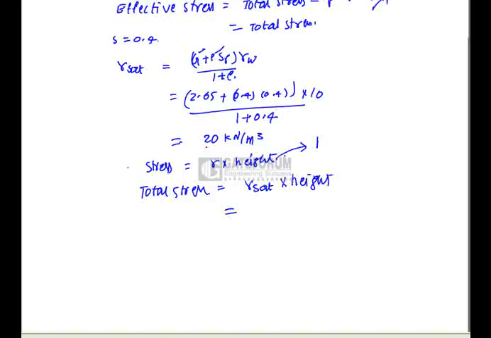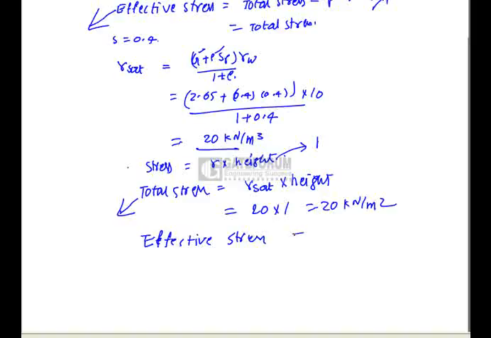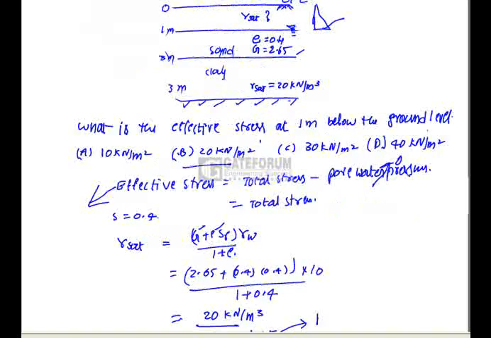Gamma saturated is 20 into 1, that is equal to 20 kilonewton per square meter. Here the total stress is equal to effective stress. So total stress or effective stress, that is sigma prime we can represent, that is equal to 20 kilonewton per square meter. So option B is correct.